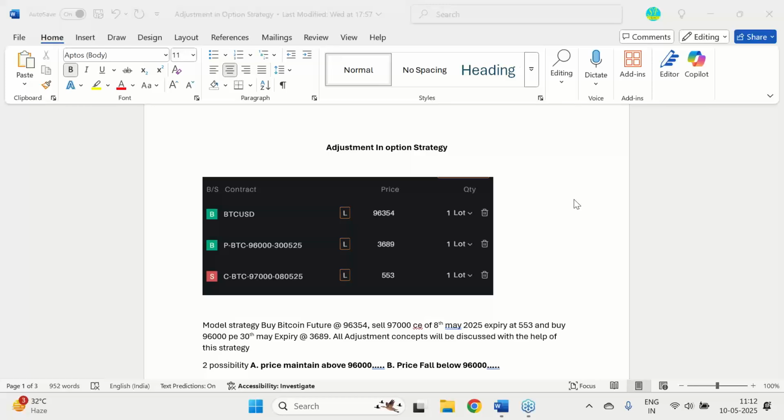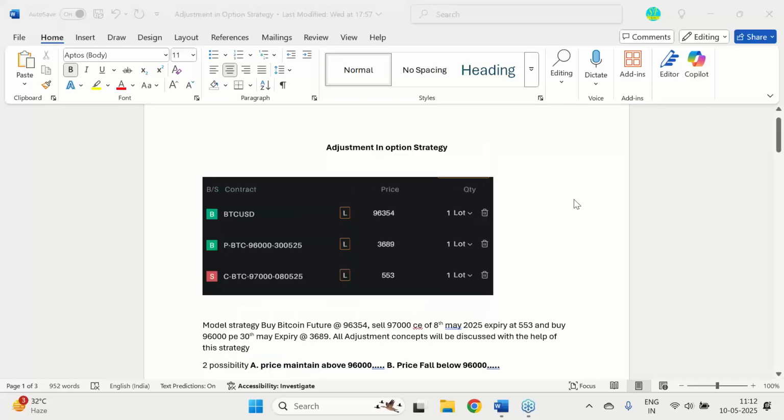Compiling that, I have categorized those adjustment processes and started documenting them. So maybe in a future edition of my book, you will find an in-depth study on those adjustments. I'll just give you one brief outlook of the adjustment process.